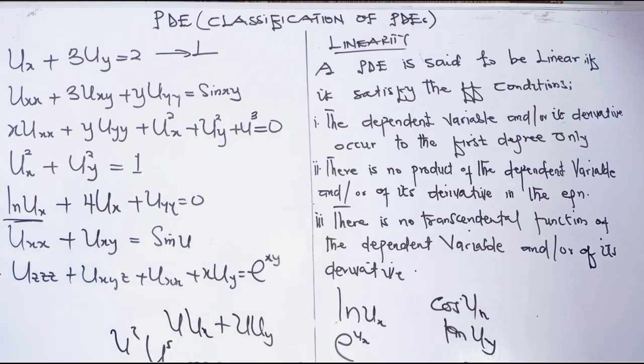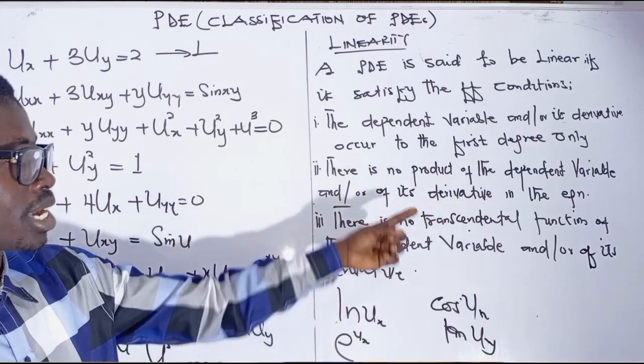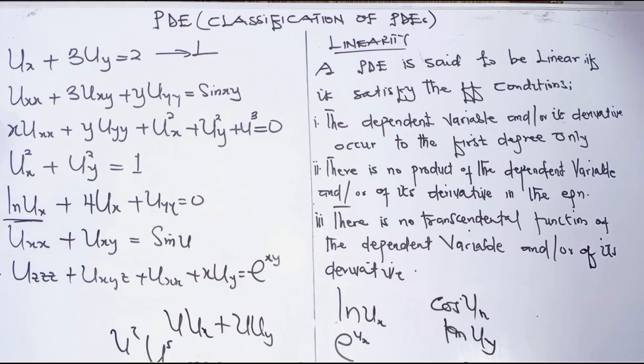The second condition, there is no product of the dependent variable and its derivative. There's nothing like the dependent variable multiplying the derivatives. Good. Let's look at the third one. There is no transcendental function of the dependent variable.